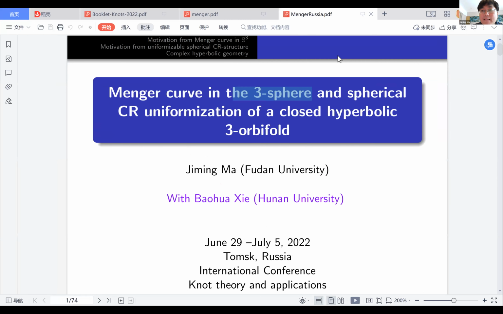I will talk about Menger curve in the three sphere, and the spherical CR uniformization of closed hyperbolic three orbifold. This is a joint work with Baohua Xie from Hunan University. My talk today will have three parts.